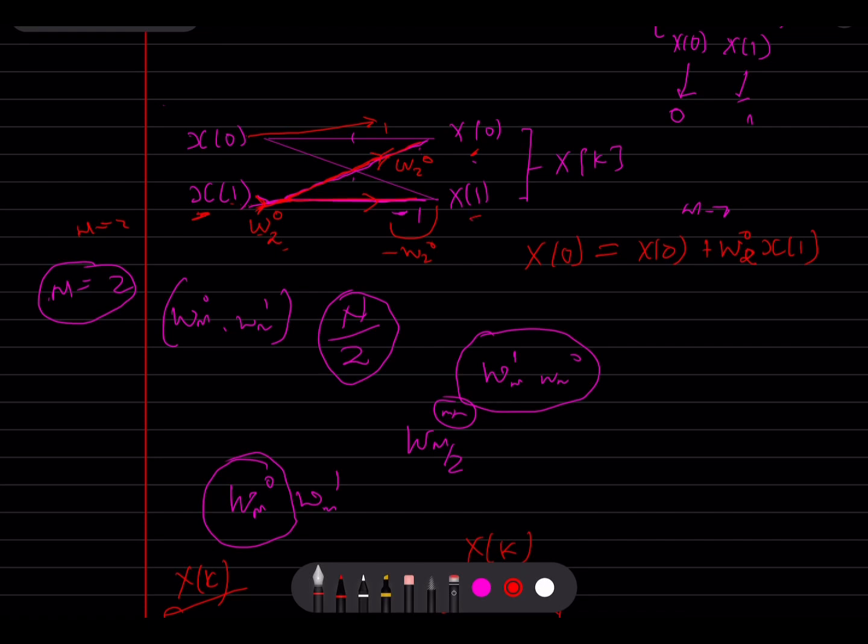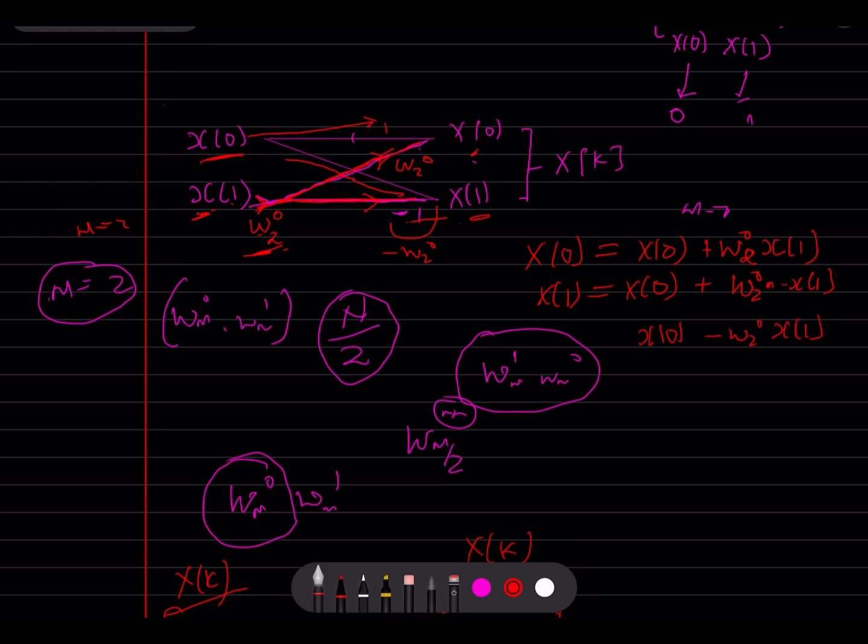And then when I want this x of 1, which is the output, what number is coming here? The top one, x of 0, and then it's coming down to this point. You get me? And then the next one I need is plus the twiddle factor that is here, which is also coming here, the twiddle factor omega 2 of 0. And remember, it's a negative magnitude 1 already here, and it's coming with 1 here. So it's multiplied by negative x of 1.